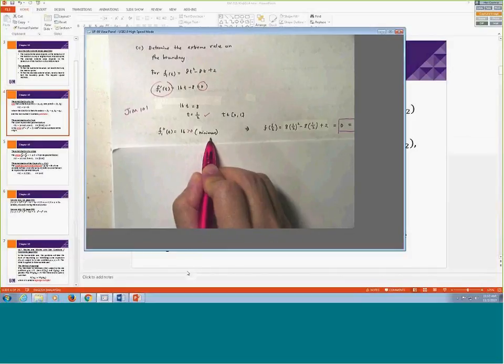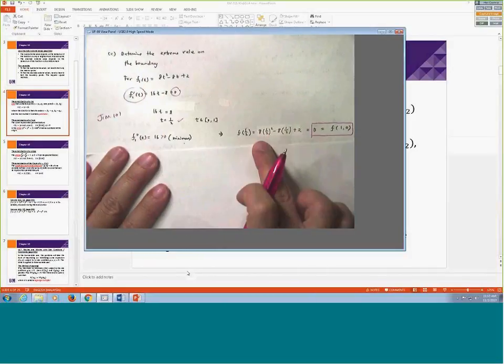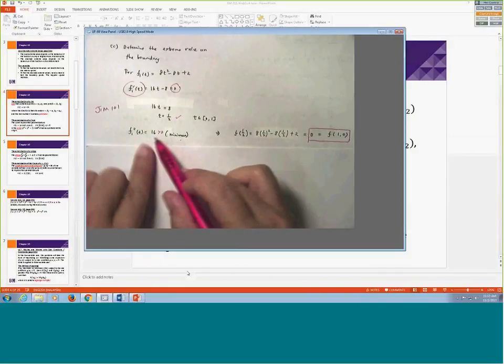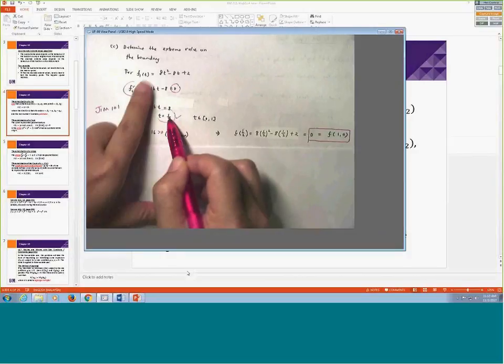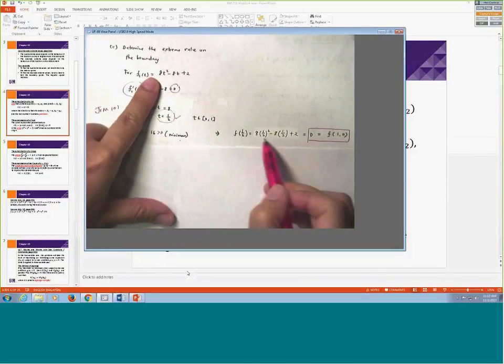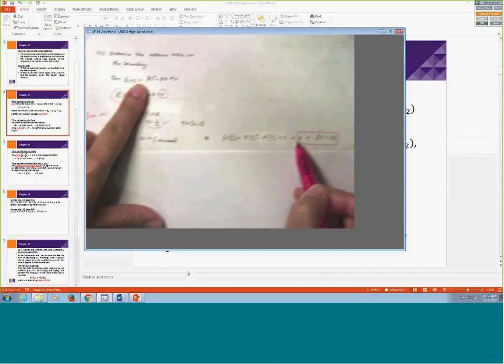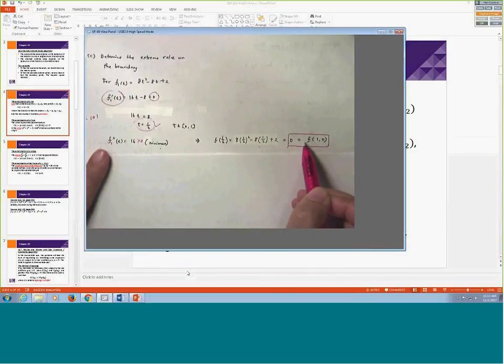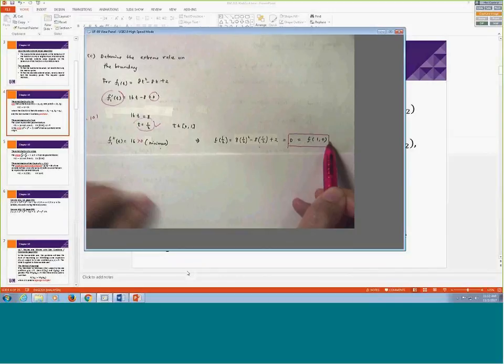But what is this value, the local minimum at the boundary? When you substitute t = 1/2 into f1(t), we get the value 0. This is equivalent to f(1, 0). How do we get f(1, 0)?